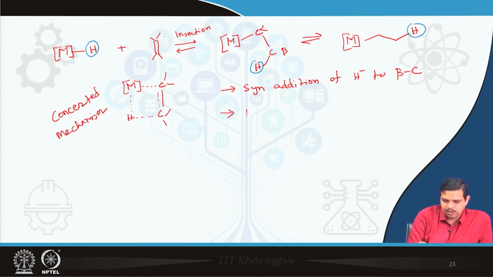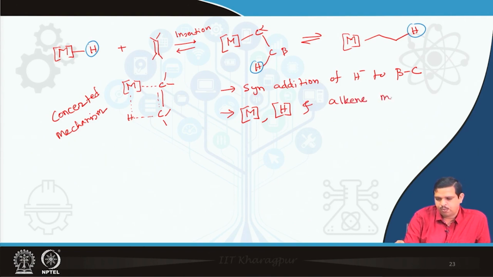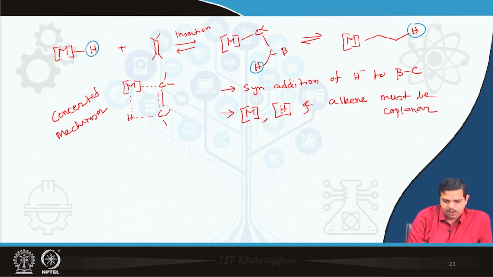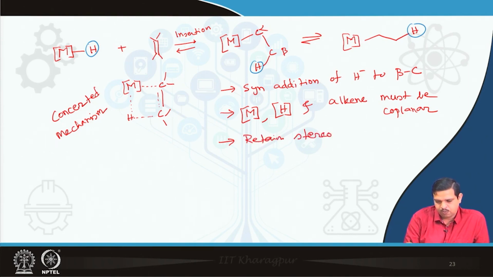And you will see that this metal center hydrogen, that means hydride, and the alkene must be coplanar. Okay. And the most beautiful feature of this reaction is the stereochemistry.